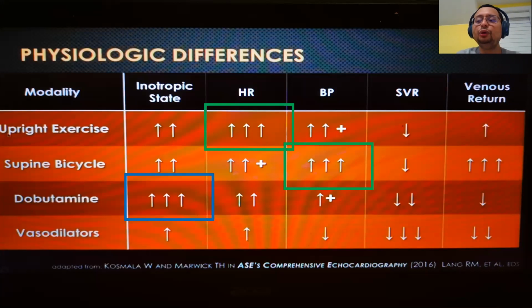We don't recommend using exercise echocardiogram for that situation. So I repeat, to look for ischemia, you can use either exercise or dobutamine, but for viability, looking at the region that is already affected, you use dobutamine stress echocardiogram. Remember that at high dose, dobutamine stress echocardiogram reduces systemic vascular resistance.